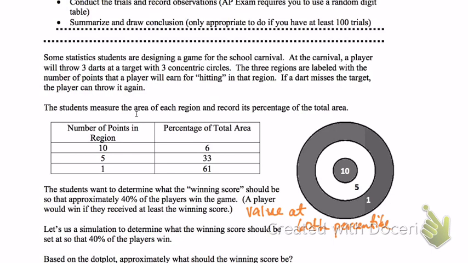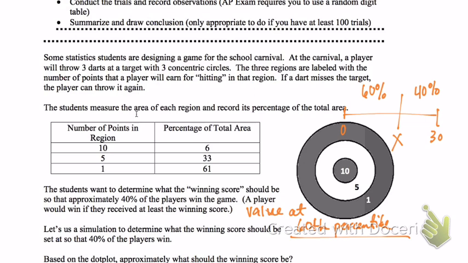Possible scores are from 0 to 30, right? Because if you hit the 10 3 times, you get 30. I want to figure out what is the score, what is the value, so that 40% win and 60% lose. So what is this X value? What is this value to tell me that 60% lose, 40% win? So I need the 60th percentile.